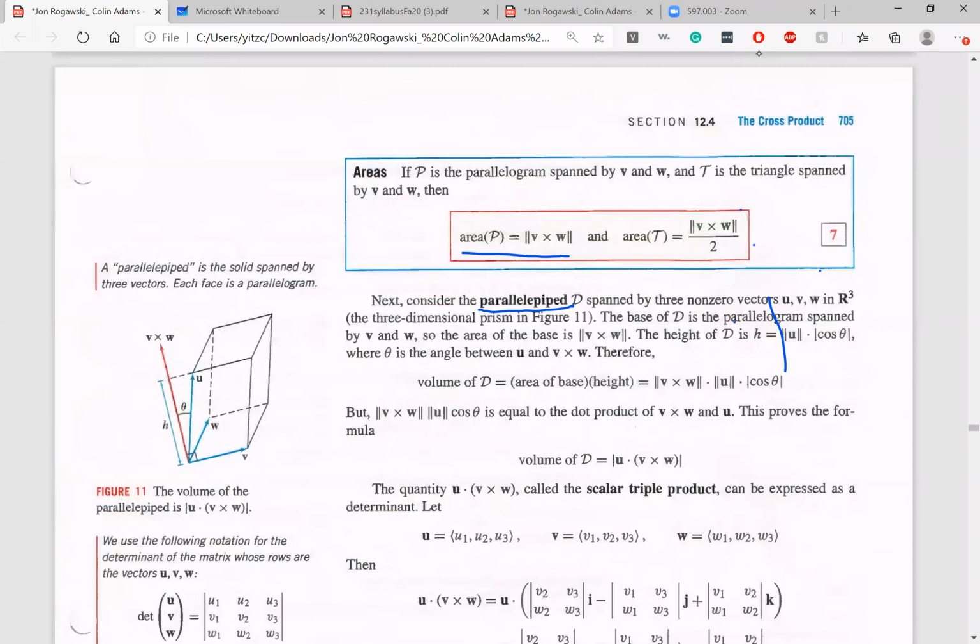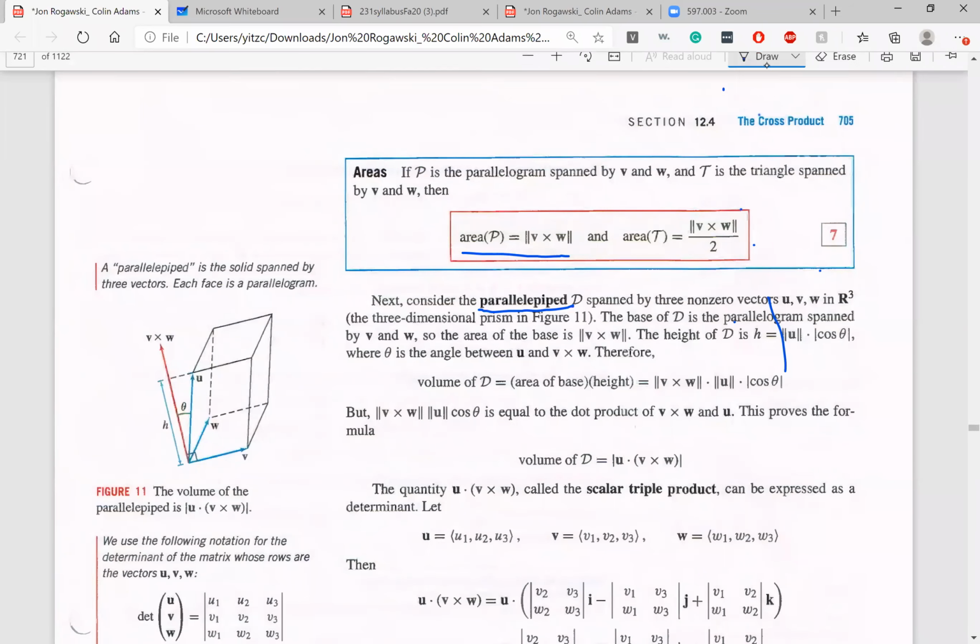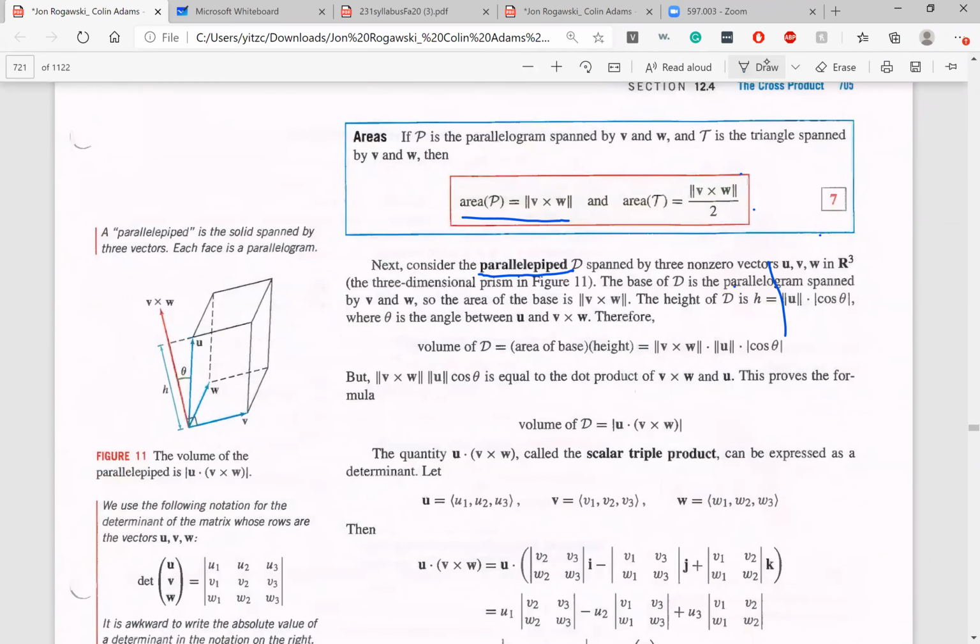Okay, so like I just mentioned, the base over here is the parallelogram for this parallelepiped, and it's created by V and W. And so the area of the base is the magnitude of V cross W. And the height is going to be the magnitude of U times the cosine of the angle.